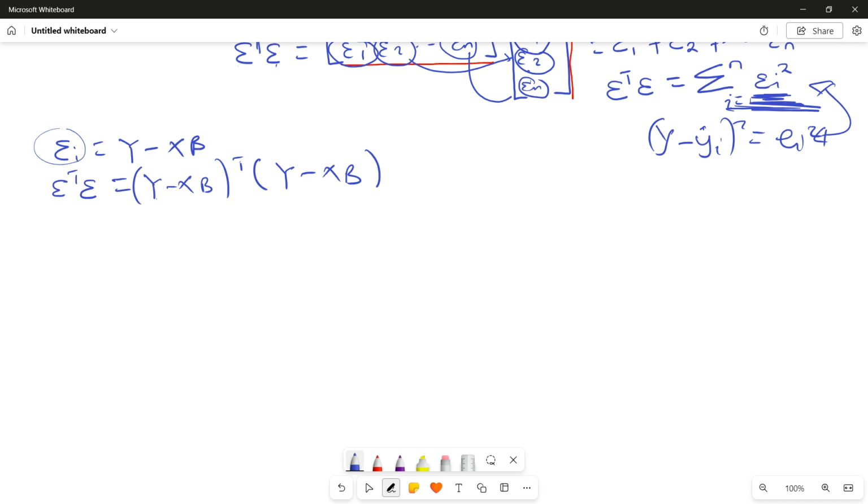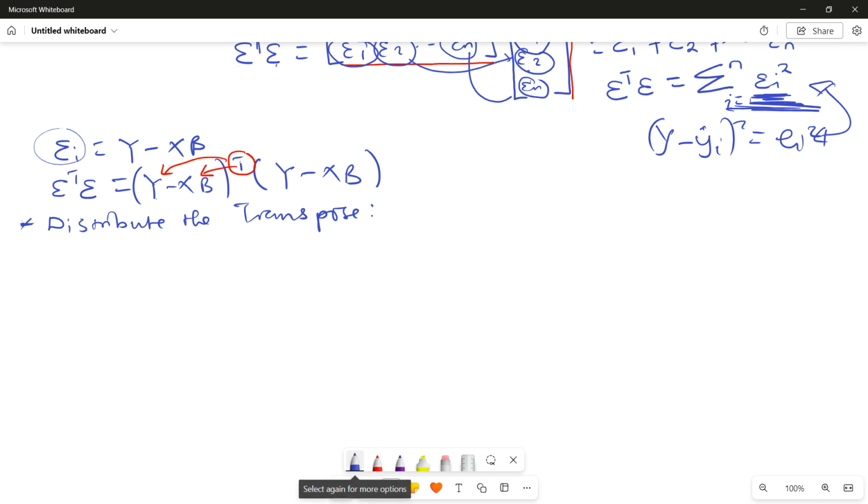Okay, so the next step after e transpose e is just to distribute the transpose. Can we distribute the transpose? So we distribute this T throughout the brackets here.